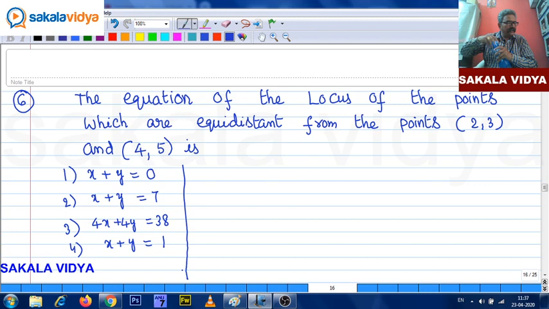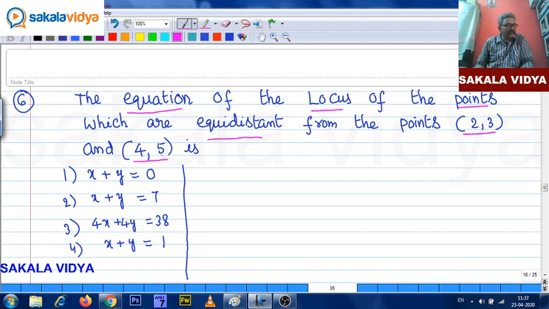Right, PA is equal to PB. The equation of the locus of the points which are equidistant from the points 2, 3 and 4, 5.